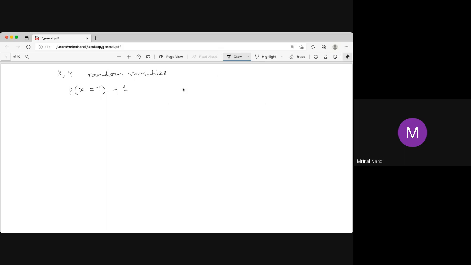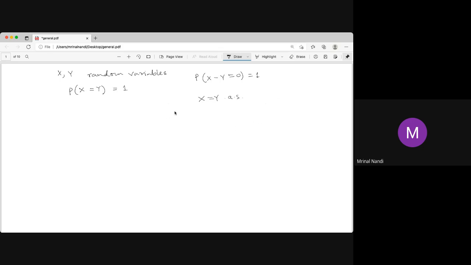That means the two random variables are equal. Or we can say in another way, the probability that X minus Y is equal to 0 is 1. That means X equals Y almost surely.